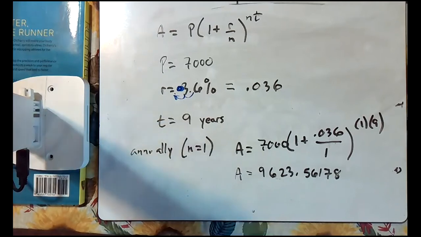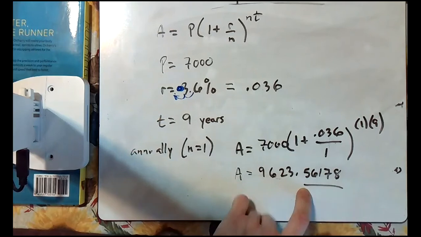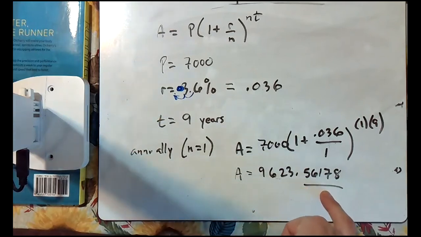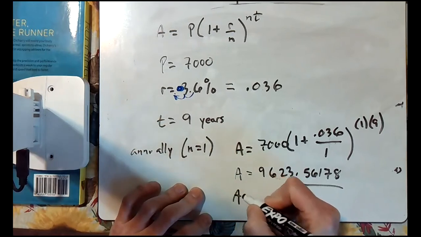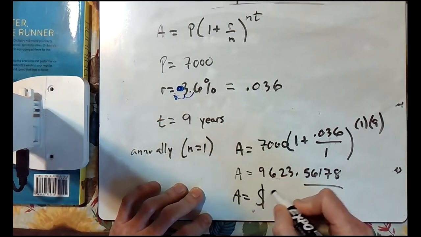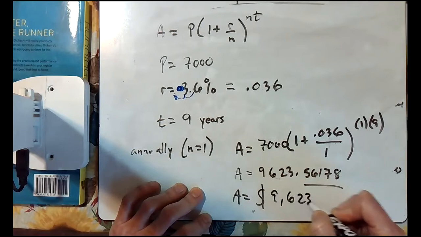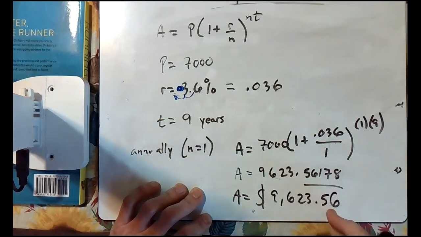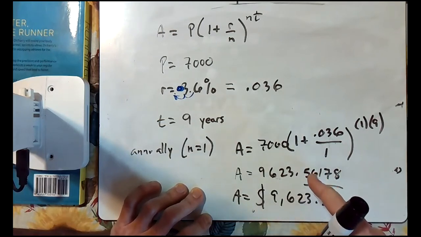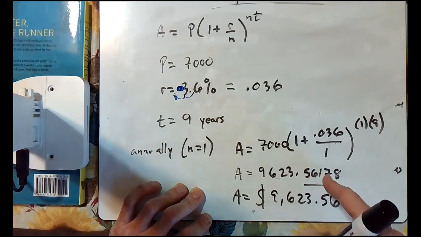But this is not the actual answer because remember, this is a money problem, right? How is money described in terms of dollars and cents? So do you ever have 0.56178 cents? No, right? So you need to round this to the nearest cent. So this is $9,623.56 in this instance, right? Because we're looking at the hundredths place. We look to the right one.